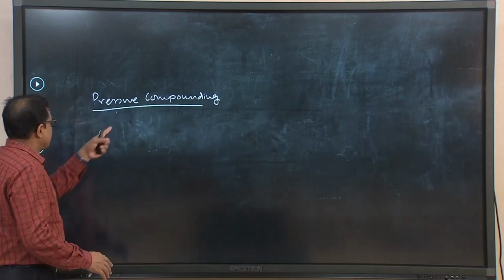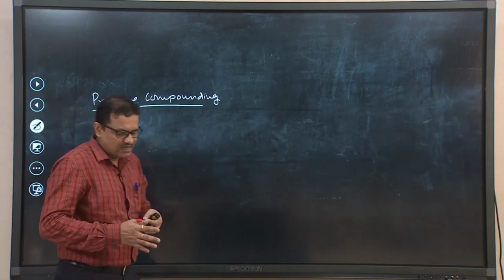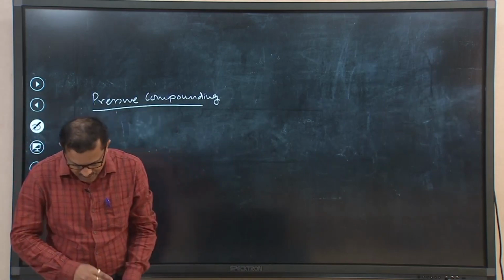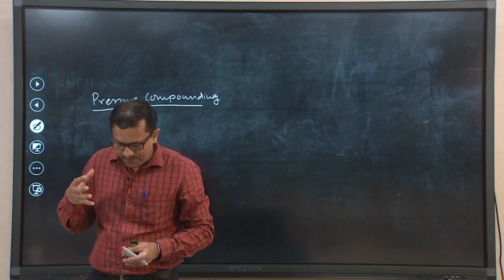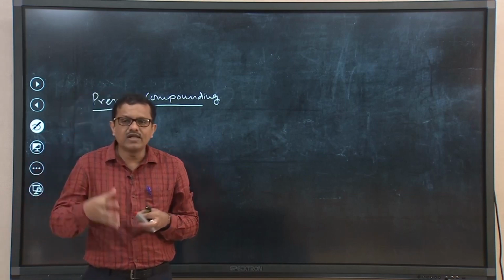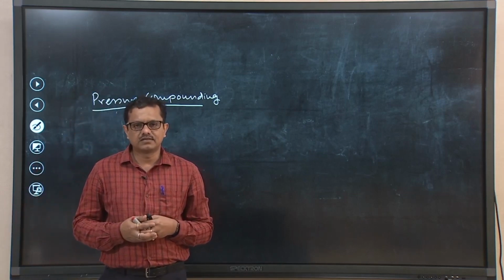So, basically pressure compounding is like this: it corresponds to putting a number of simple impulse stages, and the total enthalpy drop is divided equally among the number of stages.